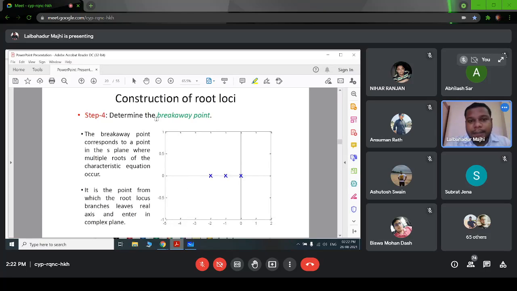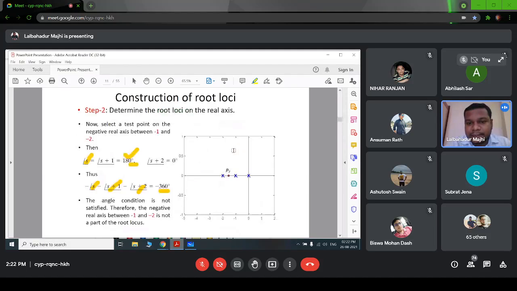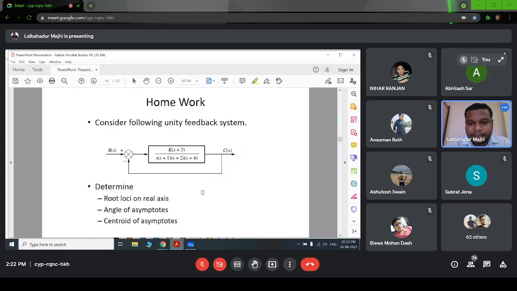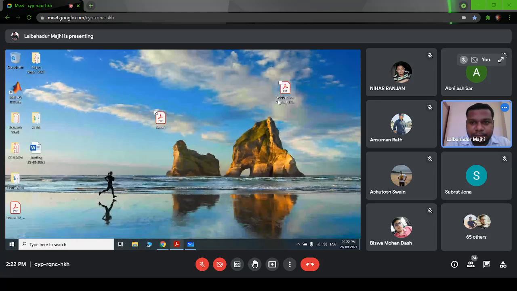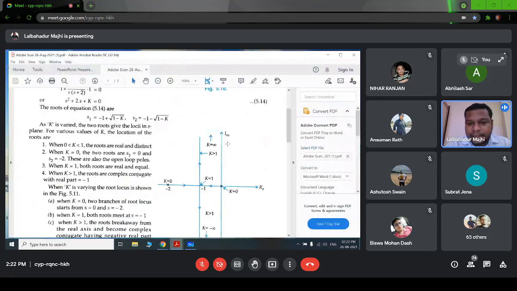So the next step is to determine the breakaway point, right? So breakaway point means, in this earlier example, let's see. These roots are moving towards the same direction, right? At k equal to 1, they meet at minus 1.